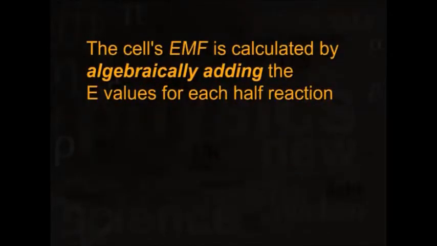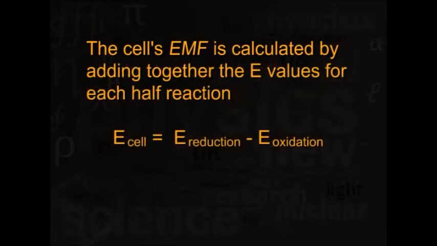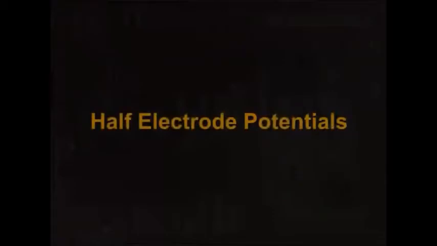The cell's EMF therefore is calculated by combining the E values for each half reaction. So, we mathematically write E of the cell is equal to E of reduction minus E of oxidation. As the cell operates, the reactants are used up and this may cause the EMF to decrease. We can see some typical half electrode potentials and remember them.